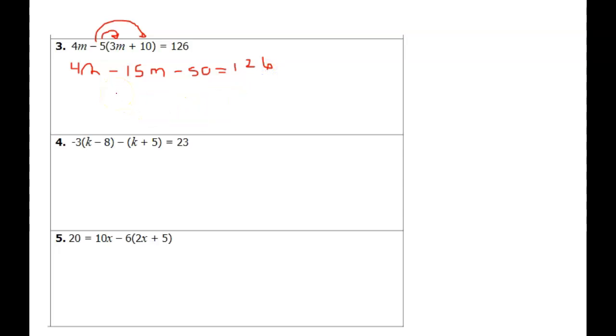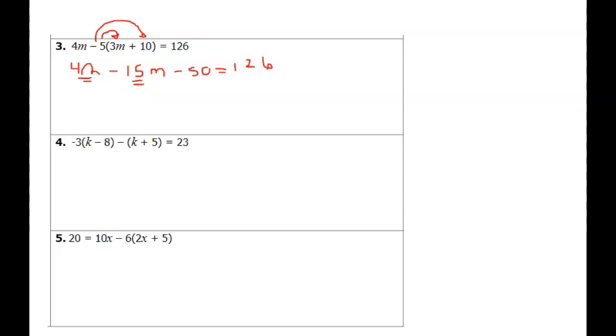Now, my next step, guys, is to do what, Olivia? Olivia, what do we do next? We distribute it. Now what do we do? Yeah, I got a combined like term. Okay? If I look, I notice I have a 4m and a negative 15m.